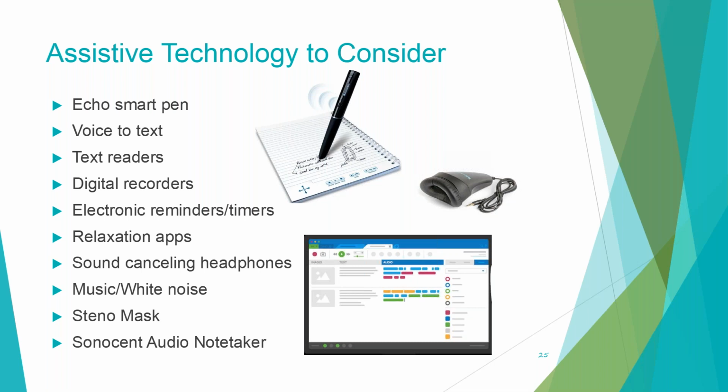And then the Sonocent Audio Notetaker is a really robust program. It's suited more for older students, but it works really well for college students as well, because you can download the PowerPoints, and then it records bars of audio.